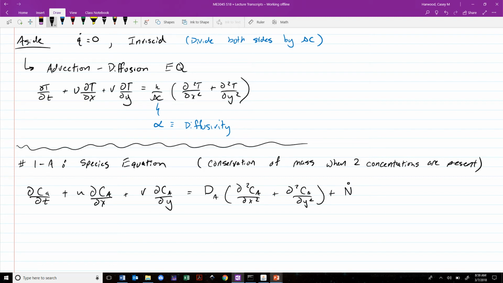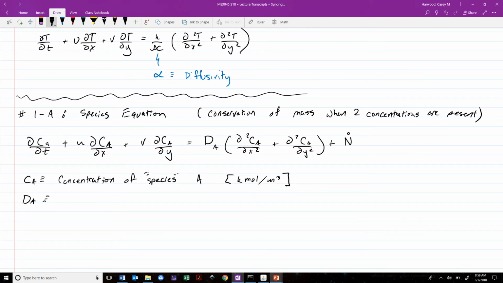So in this equation, CA is the concentration of species A, which is generally given in kilomole per meter cubed. So it's an amount of matter per unit volume.